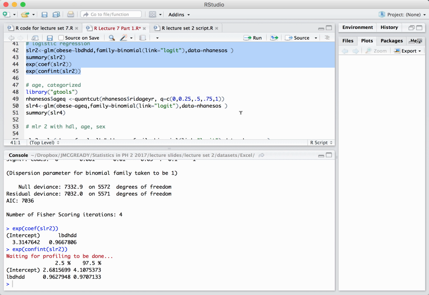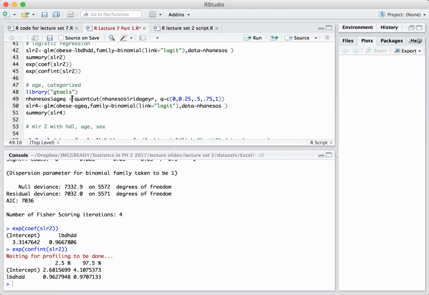The next thing we did was categorize age into 4 groups. Remember, we had to use that library called gtools. You had to load that package into your R library, and then pull it into our session using the library command. And then we created a column in our NHANES SOS data frame, the one we're working with, called AgeQ, which was a factor variable putting age into 4 quartiles.